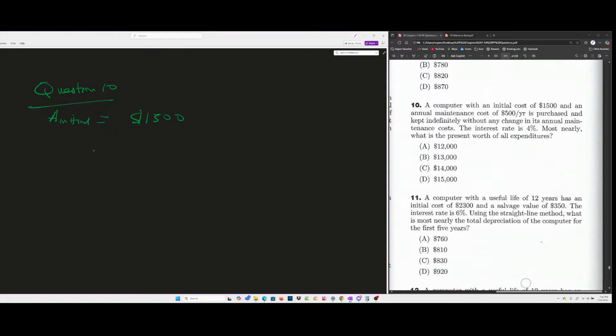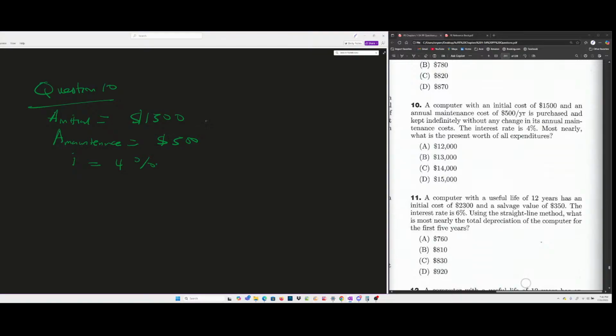The annual maintenance of the computer is 500 per year. The interest rate is 4%. They ask, most nearly, what is the present worth of all expenditure.